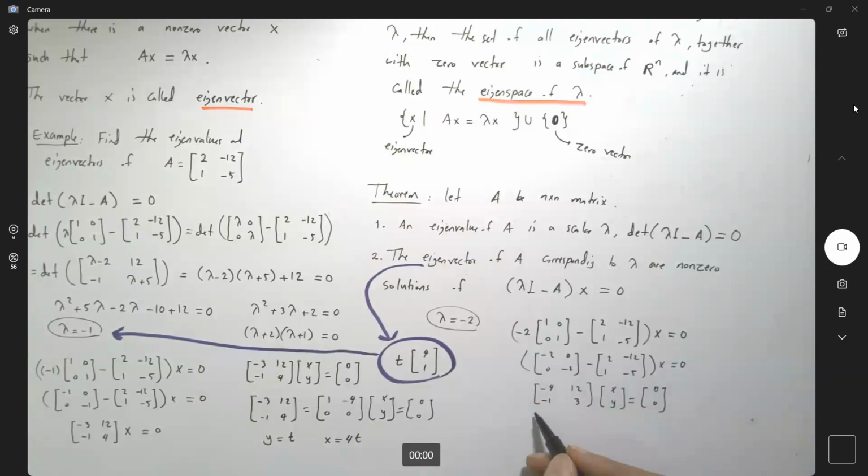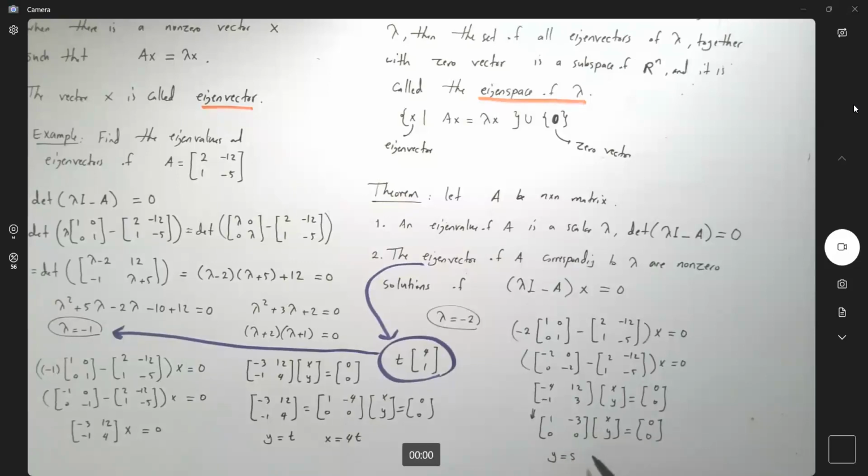Doing the exact same thing, this is equivalent to, if I divide by -4, I get 1, -3, and I have -1 and 3, which is 0 and 0, times x and y equal to 0 and 0. So suppose y is equal to t or s. If you want to use a different parameter, absolutely fine.